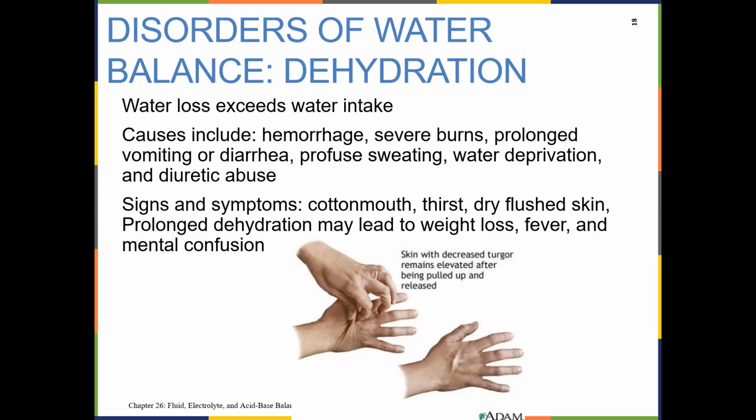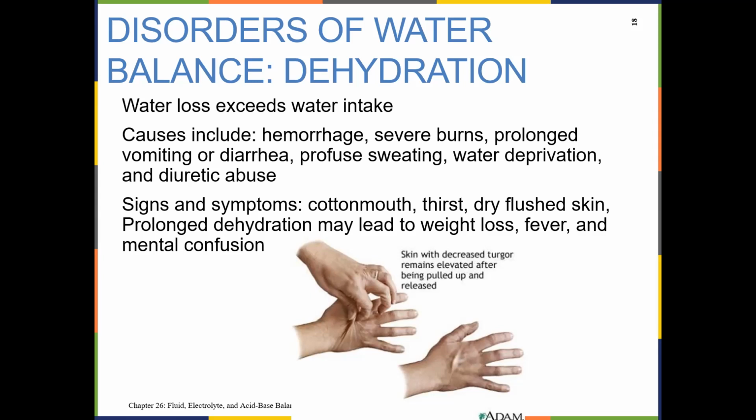Now, the signs of dehydration: the skin is dry, it's tense. If you pull up on it, it leaves a ridge. You see the illustration there, a ridge, a bump that's going on. And this is not good, because if you're dehydrated, the water that you're losing is coming from the plasma and the interstitial fluid.